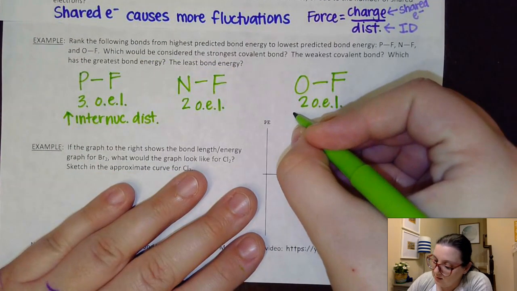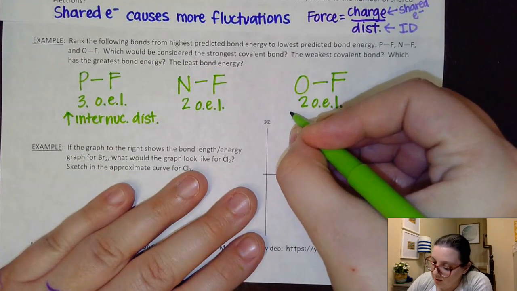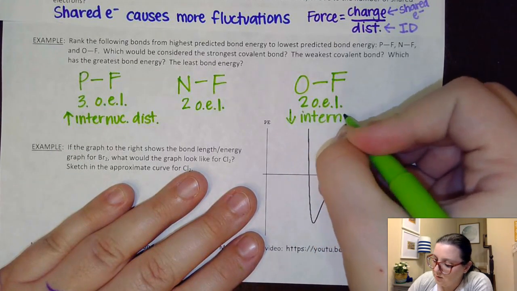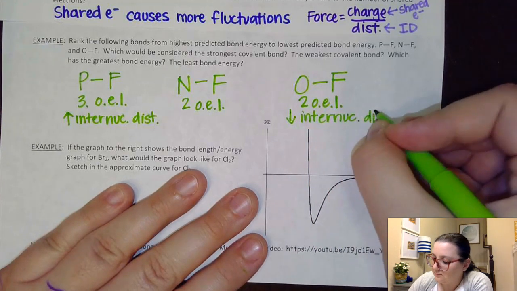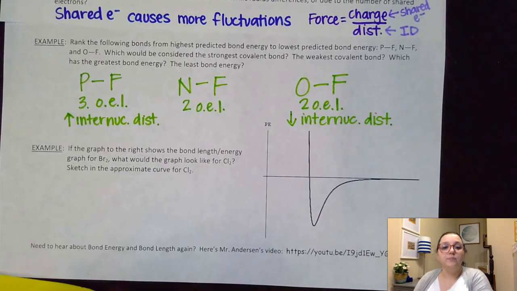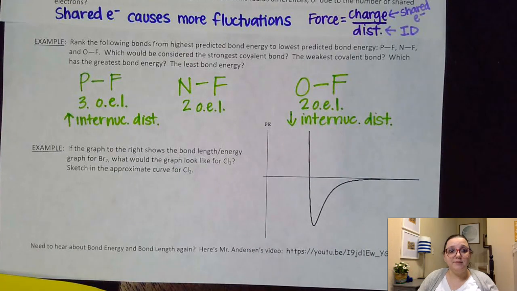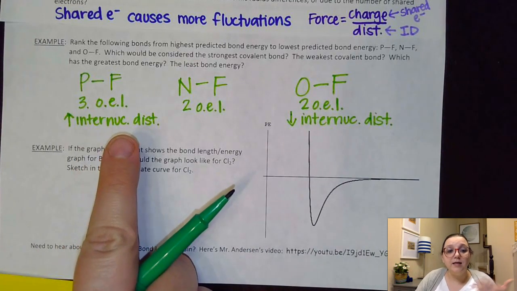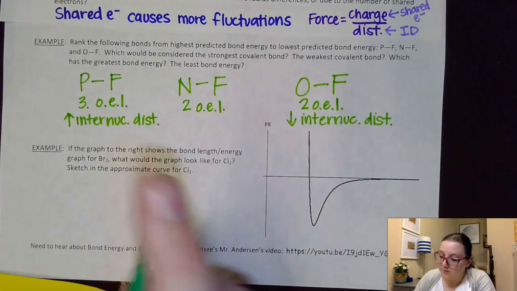So this guy here is going to have the smallest internuclear distance. Okay, so with that said, let's think about that now. The larger the distance means that I am going to have weaker forces.